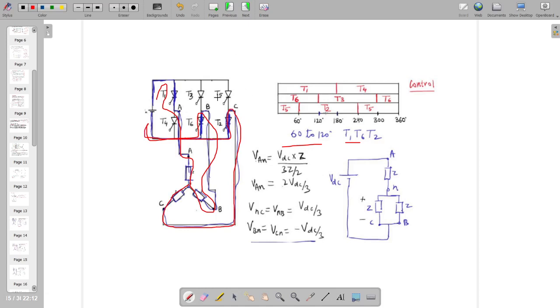So current flows in both directions. Based upon this we are applying voltage division as well as KVL, so finally we get the corresponding voltage equations.